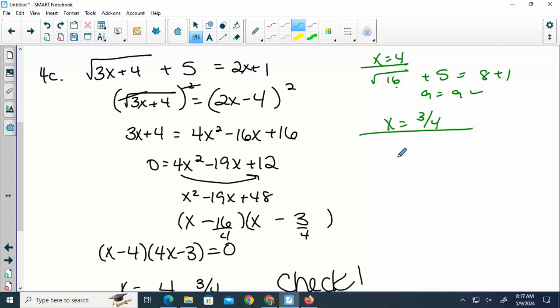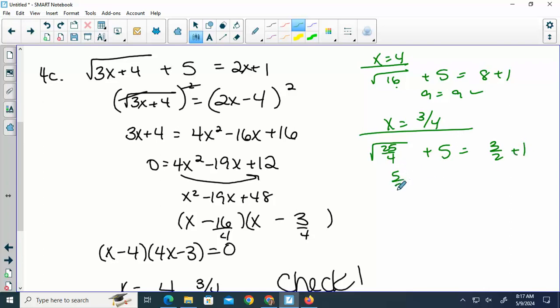If we put in a 3/4, we get the square root of 9/4 plus 4, so 25/4, plus 5 equals 3/2 plus 1.